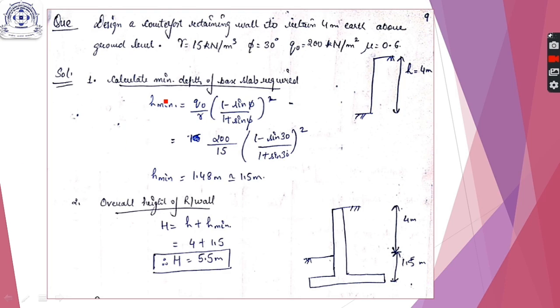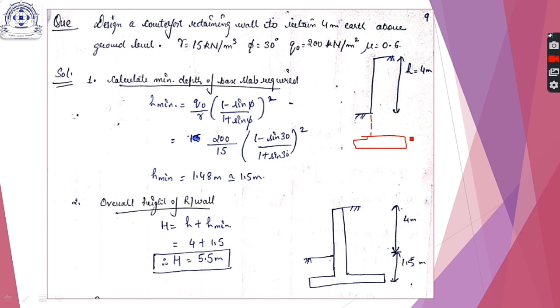The first step is the calculation of the minimum depth of the retaining wall, which we have to provide below the ground surface. We have to extend the retaining wall further downwards below the ground surface. The H minimum formula is this, as I explained in the previous design problem also. So this comes out to be 1.5 meter.